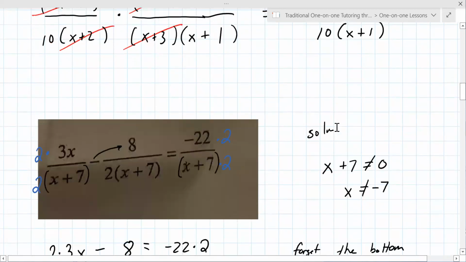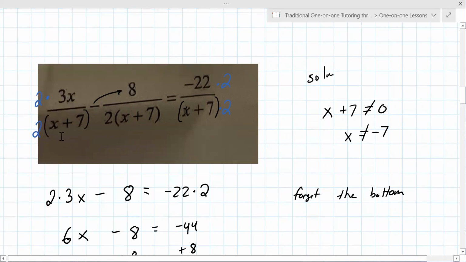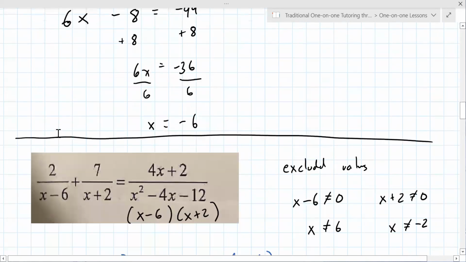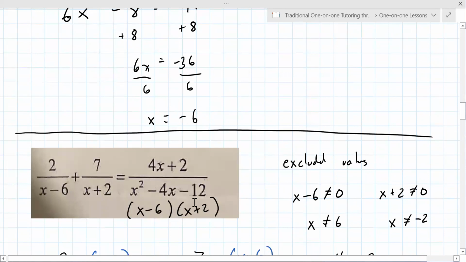For the solving problems, make sure you determine what it cannot be. I don't think there'll be any exceptions. And then figuring out the common denominator. That's where your effort should be. What's the common denominator? This second one we did, you had to factor and decide, okay, is it the same? Yeah, it's the same.